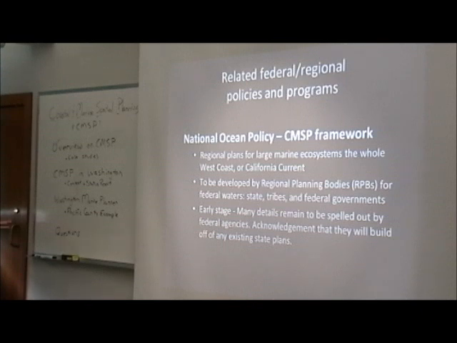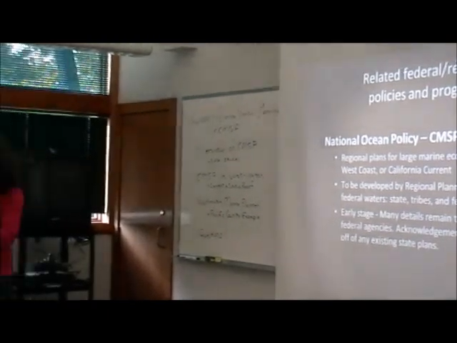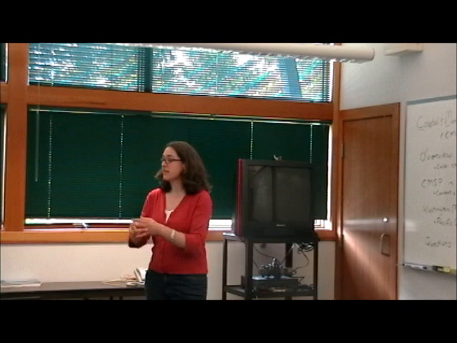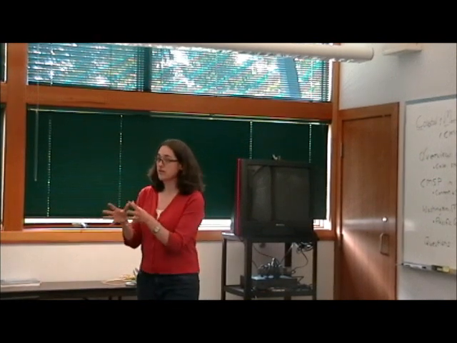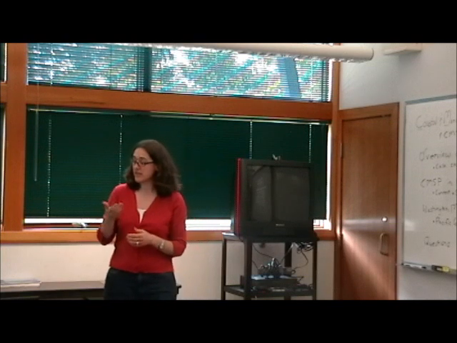It's really at the early stage, too early to say the details right now because, for example, there's no funding for the federal agencies at this point in time to implement this. There is an acknowledgement that they'll build off of state plans. The federal agencies have seen these states going forward with plans at the state level and acknowledge that these broader regional plans can build off of those state plans, so that those can plug into or feed into that bigger effort.